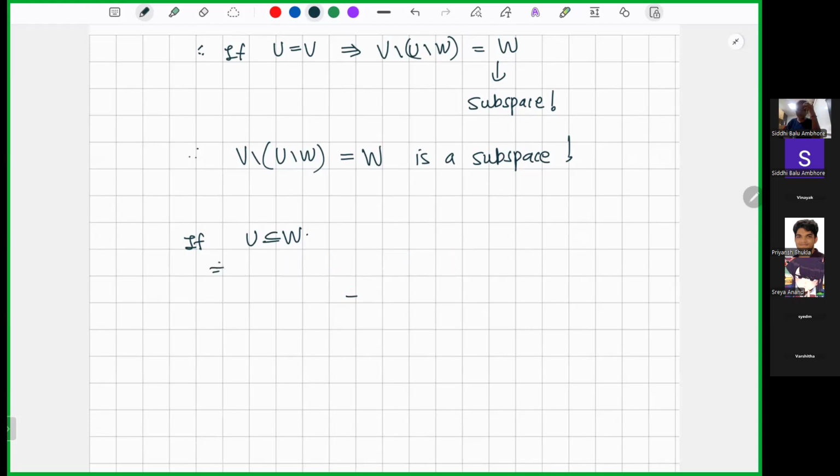What I wanted to say, that V minus U minus W, and when U is completely contained in W, this is actually the empty set. Can you see that?